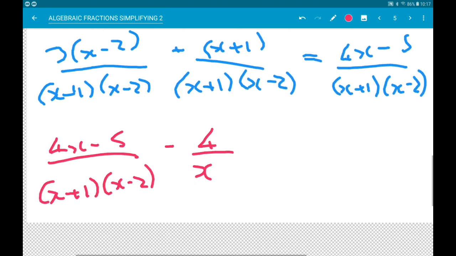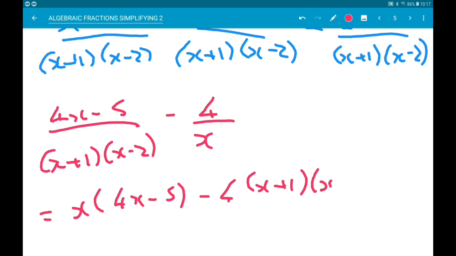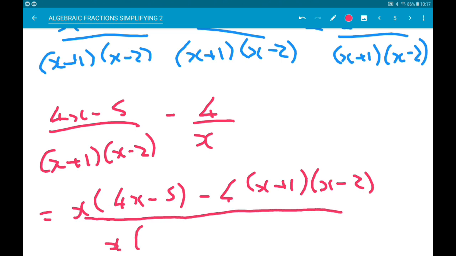So we are going to get x times (4x minus 5) and then minus 4 lots of (x add 1)(x minus 2) all over x times (x add 1) times (x minus 2).